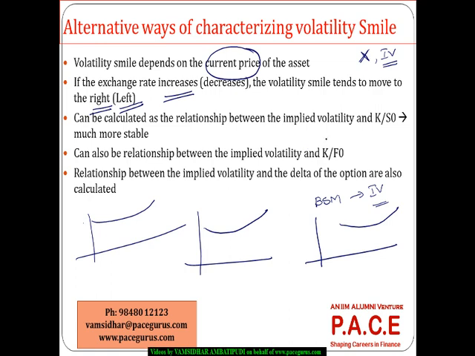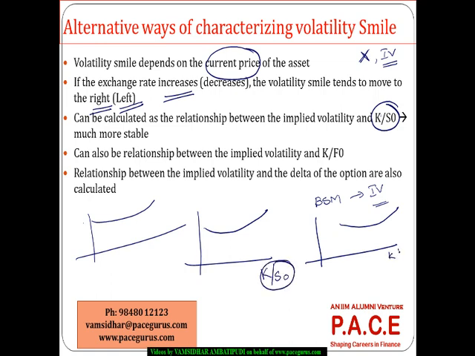So to make it more and more stable, I can look at plotting not just with the strike price. I can look at it as the ratio of the strike price to the spot price. Right?